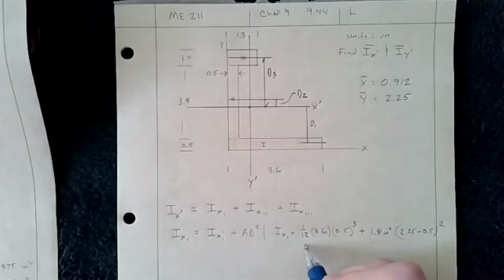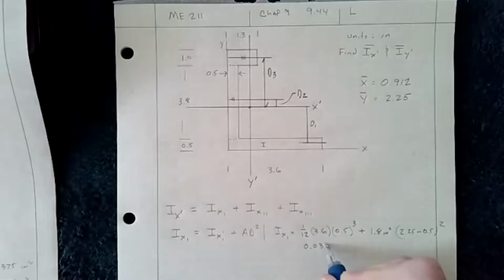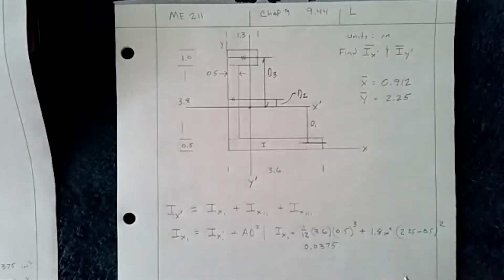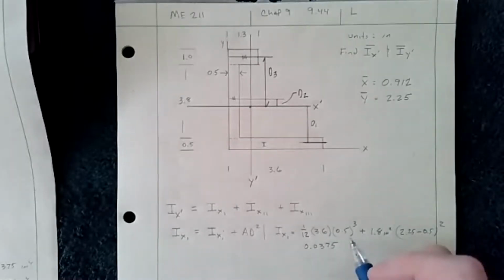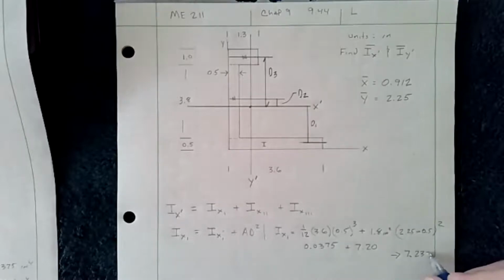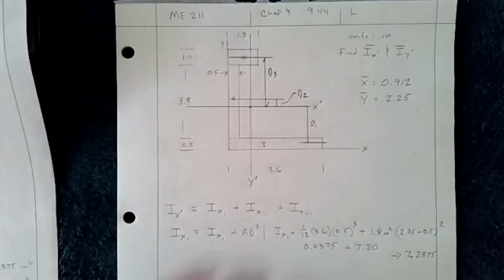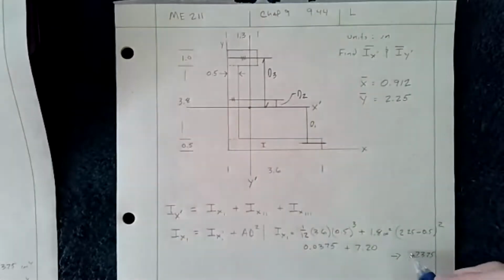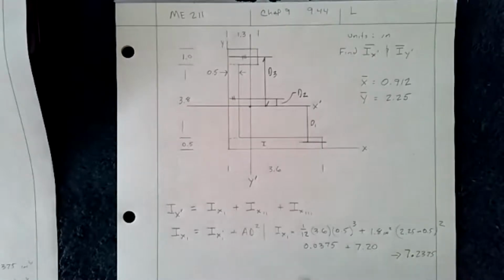So this gives me essentially 0.0375, not very big, plus 7.20 for a total of 7.2375. So just keeping a few extra decimals, but that's that. So this plus this, that's Ix1.